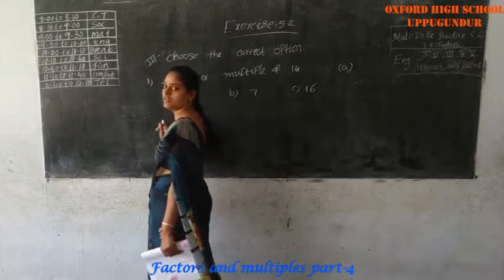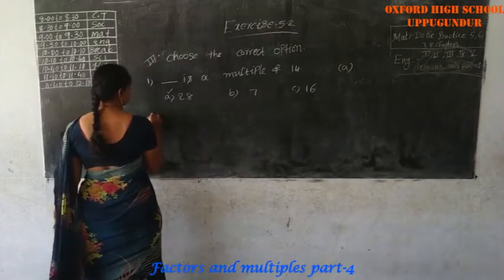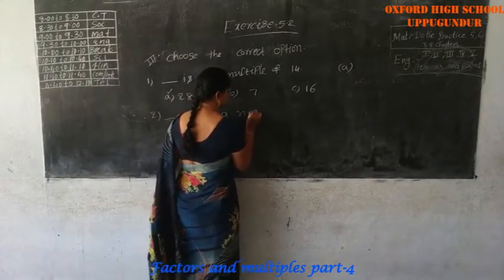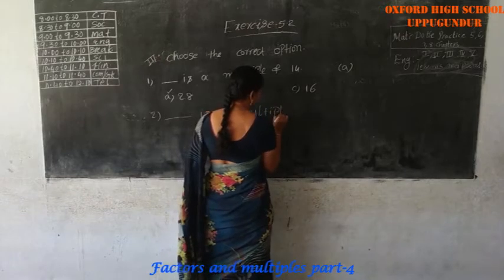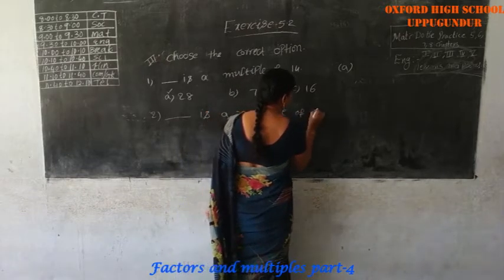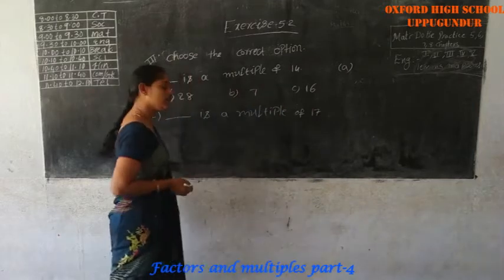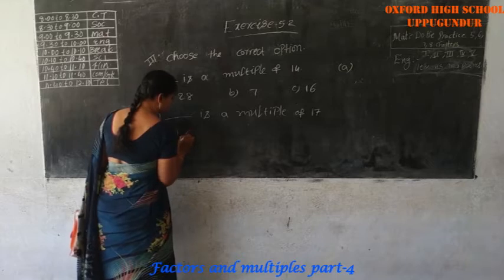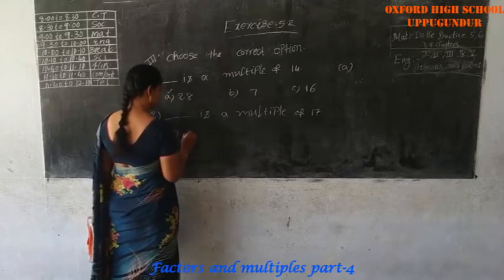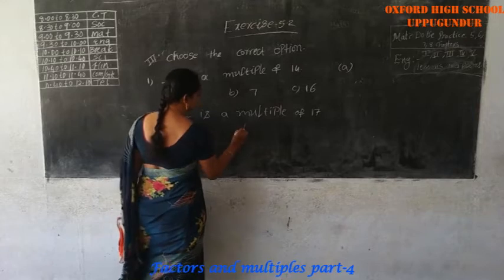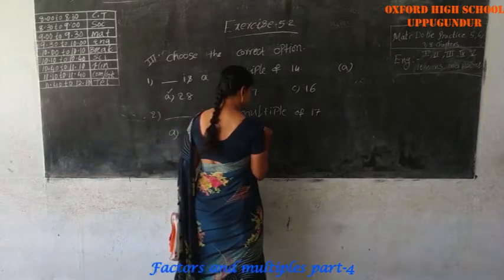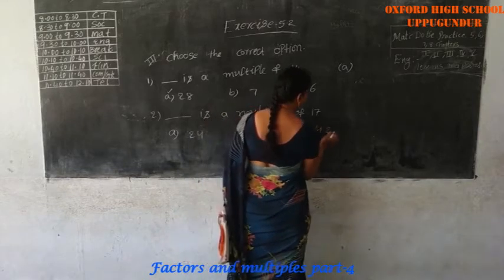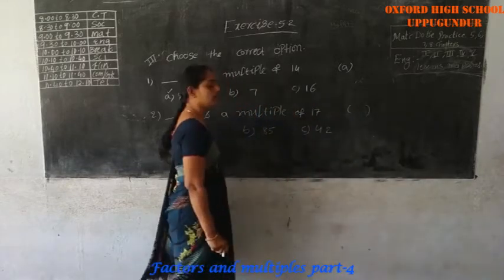Next, the remaining are not multiples. Second one: dash is a multiple of 17. 17 multiples, factors. See, 24, 85, 42. Dash is a multiple of 17.